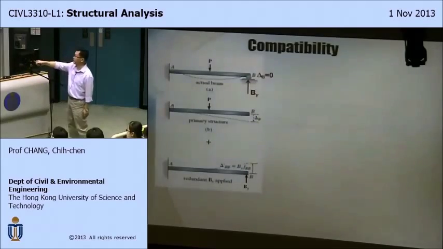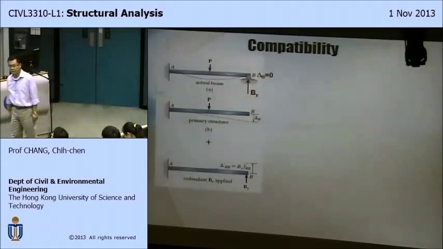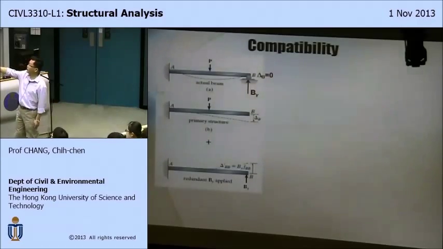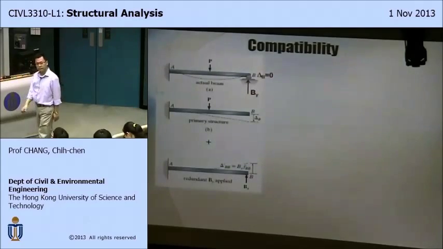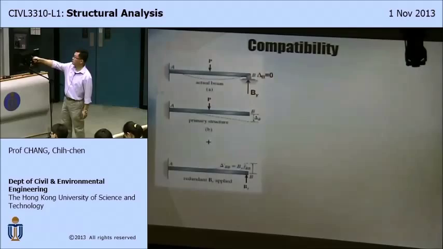This is determinate structure analysis, right? And then I forget about P, I add on By, and then calculate this displacement. So superposition means that the original condition is you have a P force, you have a By force. So all you need to do is just add this and that up. Then you have the original conditions, right?